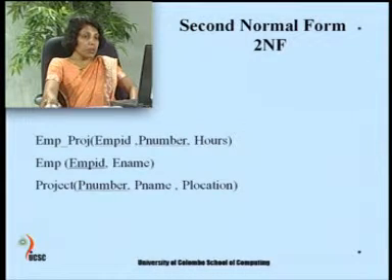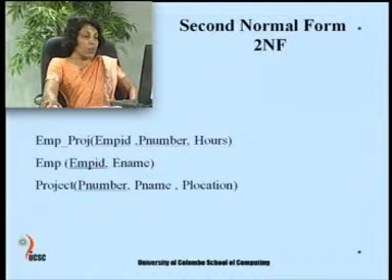So after going through the second normal form, we can get three relations: employee project with the attributes employee ID, project number and hours, and then we take employee name out from the employee project relation and associate that with part of the key, employee ID, and that relation is called employee or emp, and the primary key would be employee ID.